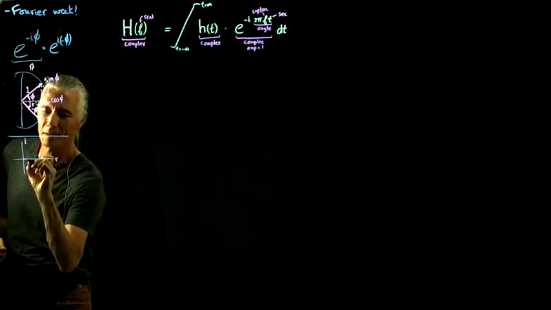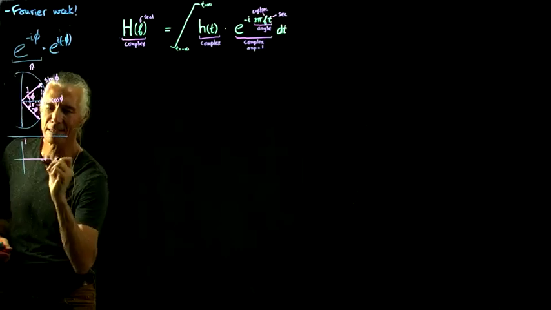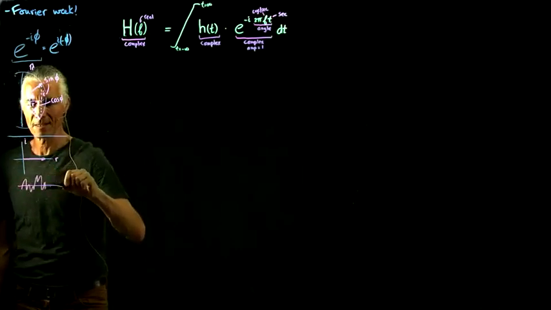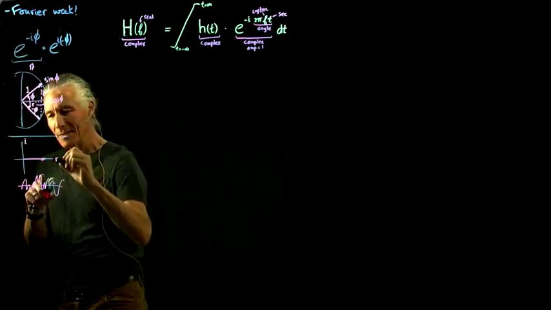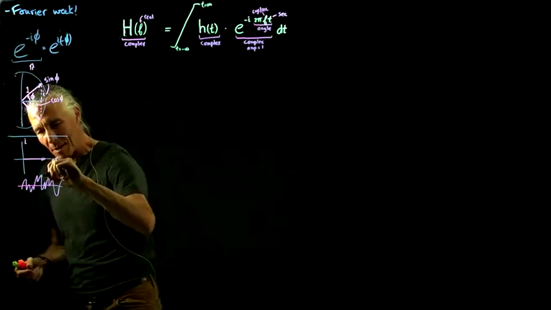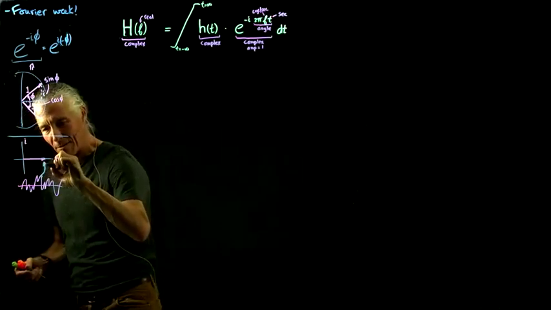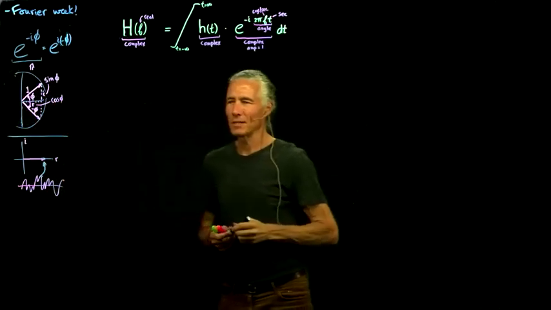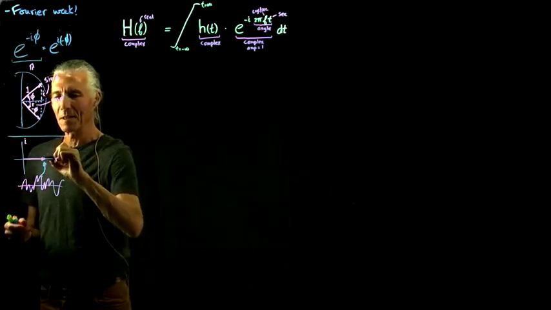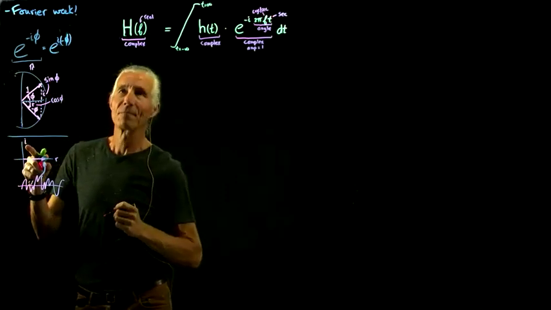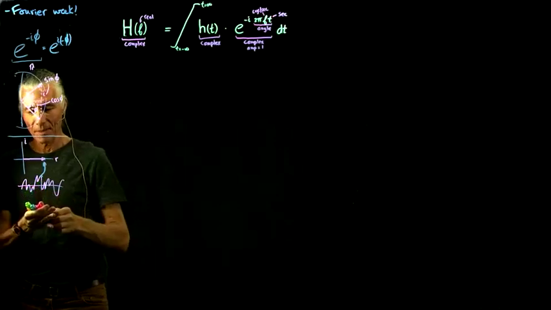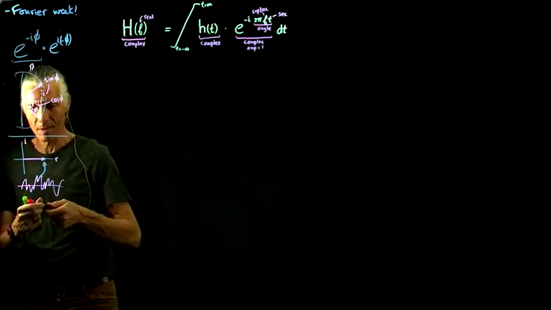Say at an instant in time, here's an audio signal like this. At some instant in time, like this time point, that's how you would represent it as a complex number: a number that just happens to have 0 for the imaginary part. And what happens if you've got a negative number?